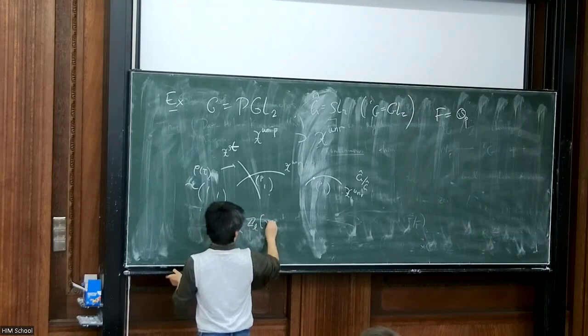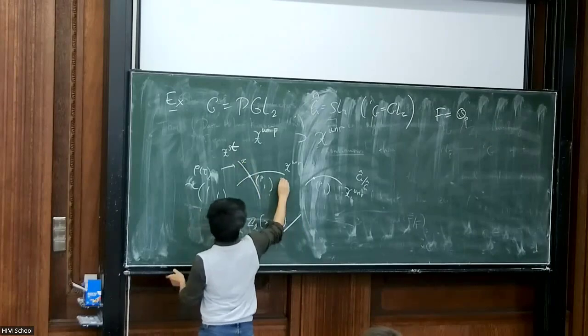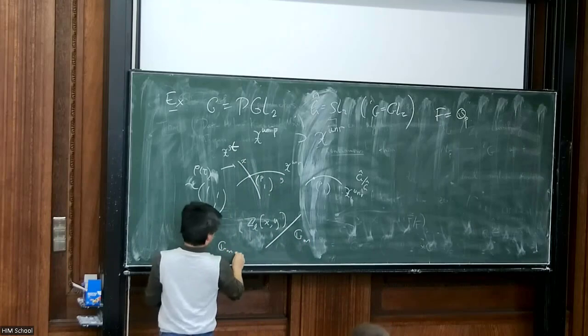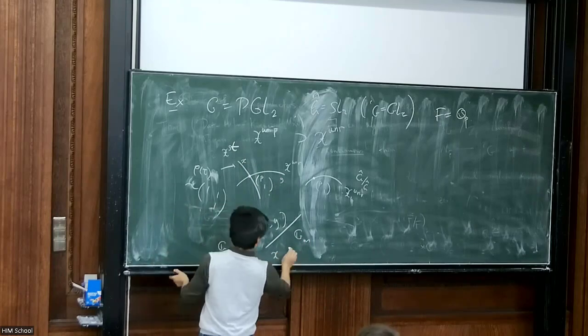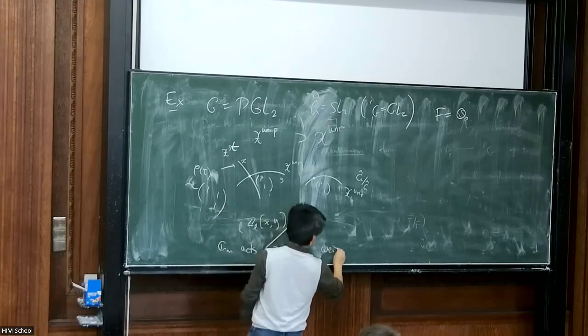I just up to look like this modulo. Like if this is the X coordinate, this is the Y coordinate, this is a GM, this is GM acting on X by weight 2.